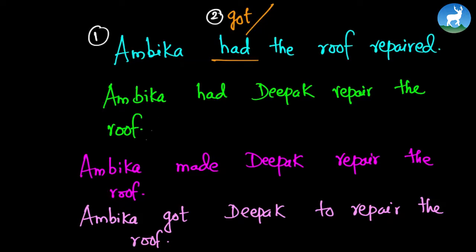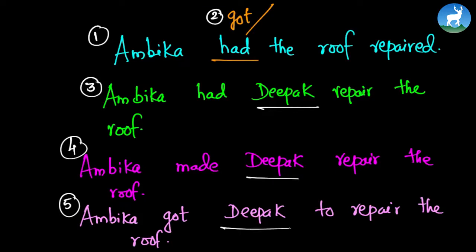Second is, Ambika got the roof repaired. Third is, Ambika had Deepak repair the roof. Here's Deepak, by the way. Number 4, Ambika made Deepak repair the roof. Number 5, Ambika got Deepak to repair the roof. So this Deepak, he is the agent because he did something. So that's why he's called agent.